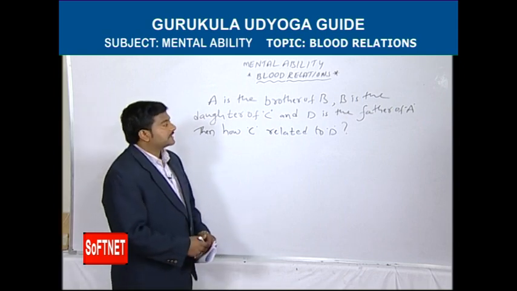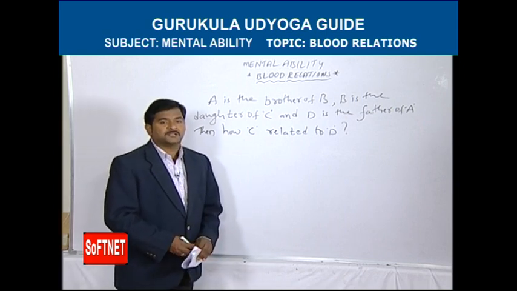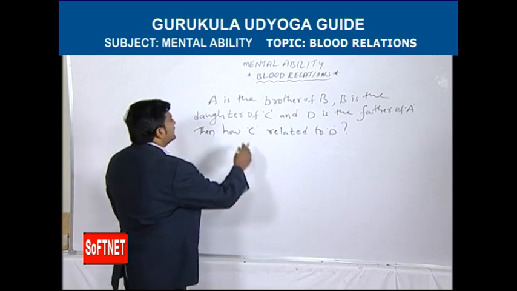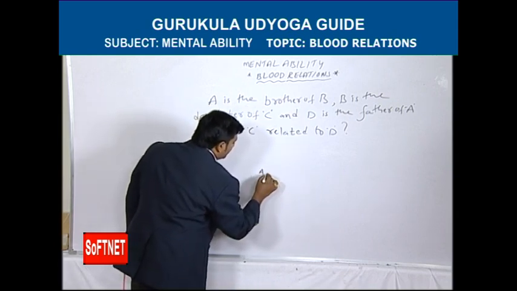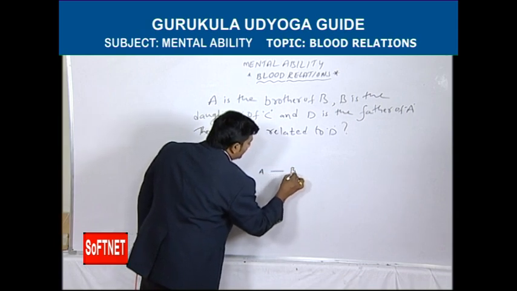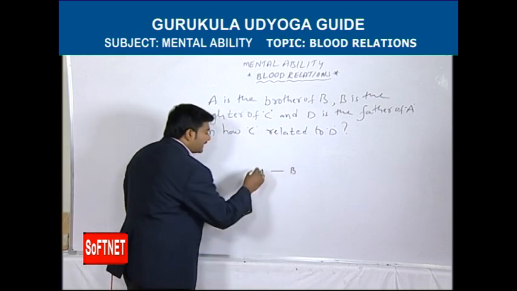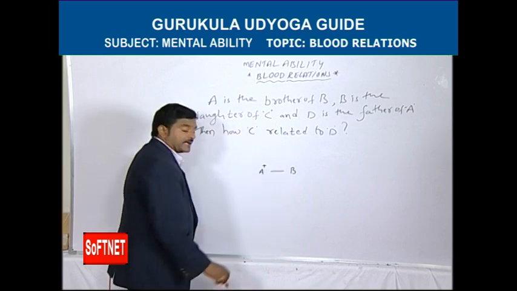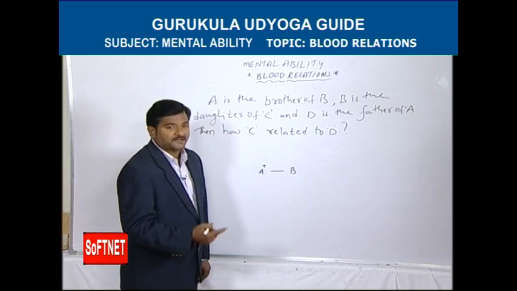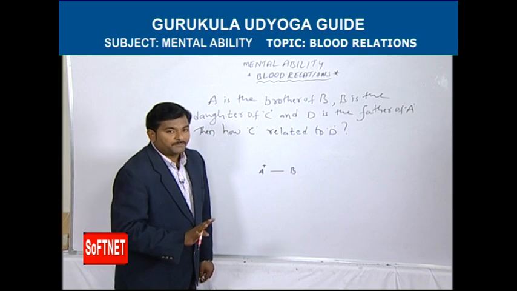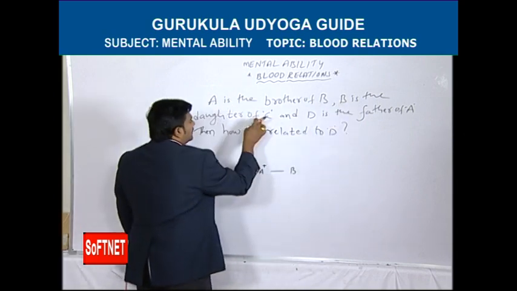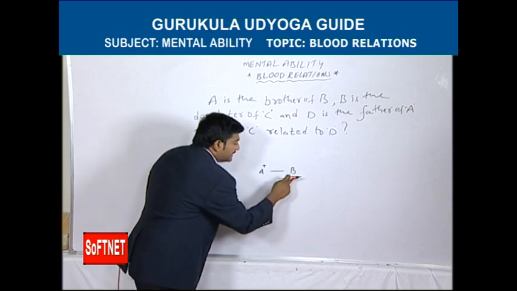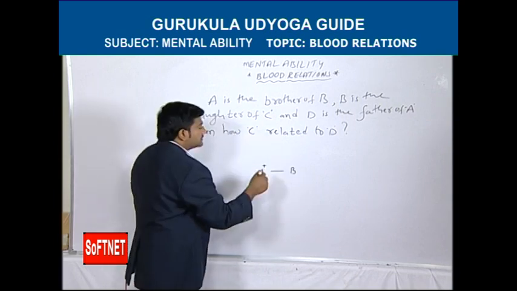Now we can solve this by using the generation chart concept. Let us start one by one. A is the brother of B. Since they are contemporary, it is clear. And I know the gender of A also, because A is the brother of B, but I don't know B's gender. Keep aside. And B is the daughter of C. Observe here, so what does it mean?